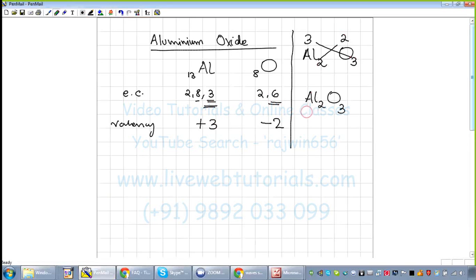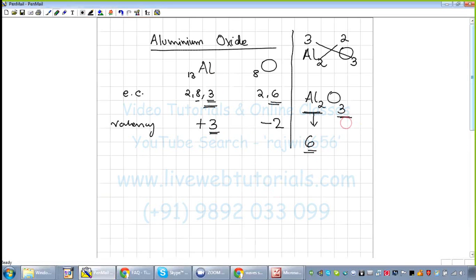So there will be 2 aluminium atoms. How many will be the total number of electrons given by 2 aluminium atoms? 6 electrons. 1 aluminium will give 3 electrons, 2 aluminium will give 6 electrons.